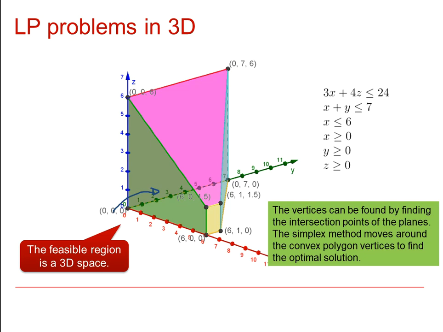But as before, the optimal solution is at the vertices, and we can find those by finding the intersection points of the planes. And the simplex method does exactly the same as in the two-dimensional case. It starts off at the origin and moves around the three-dimensional space, checking the value of the objective function at each of the vertices to see when an optimal solution has been arrived at.